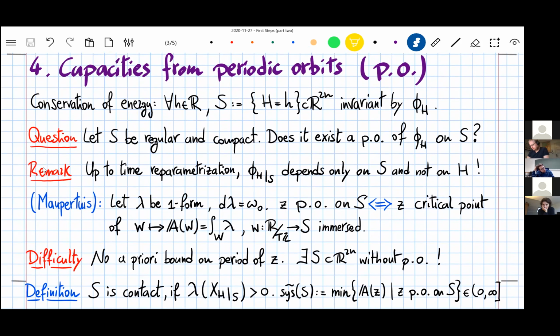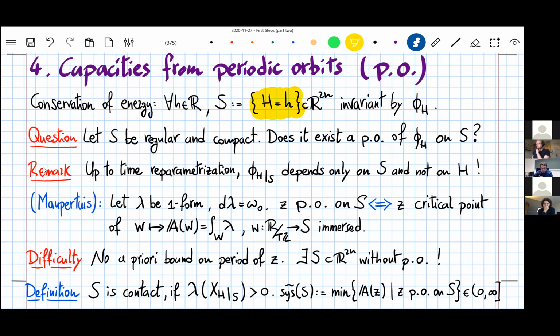First of all, let's recall the conservation of energy that we observed at the beginning. The Hamiltonian is an integral of motion. This means that if I take an energy level, all points with energy equal to small h, then this is invariant under the flow.